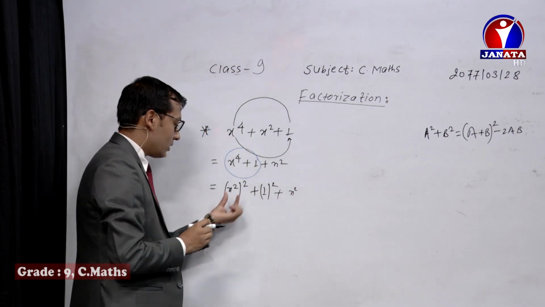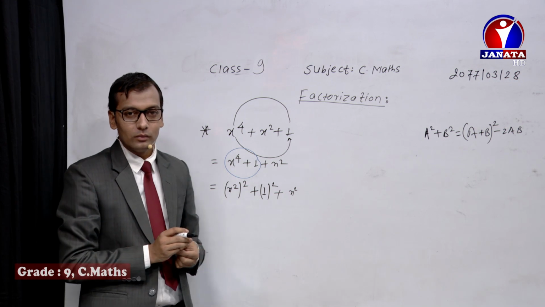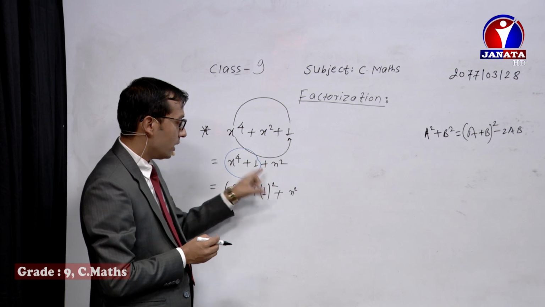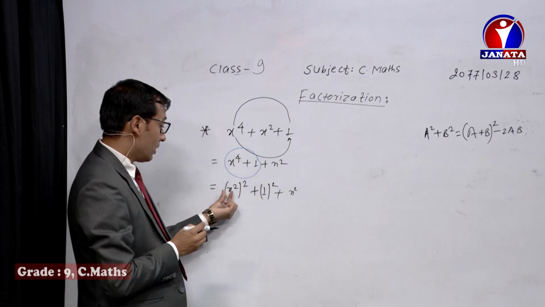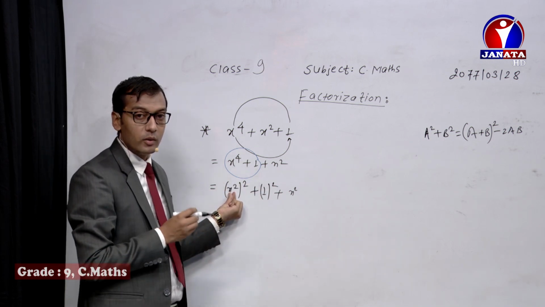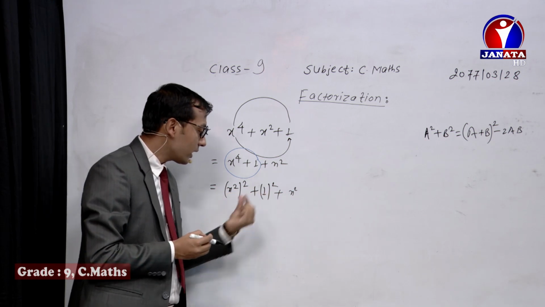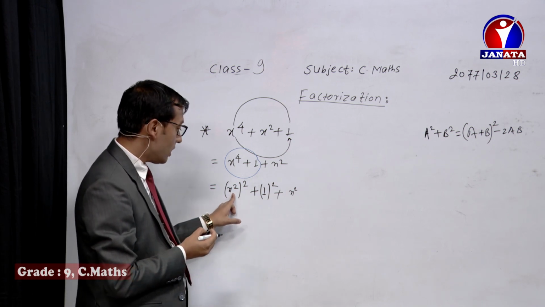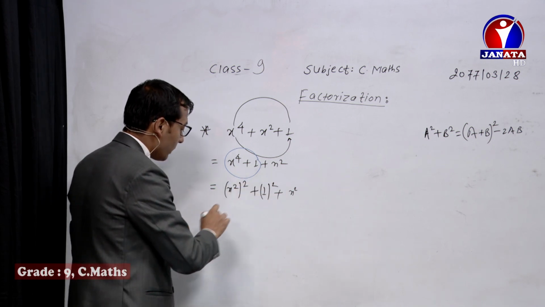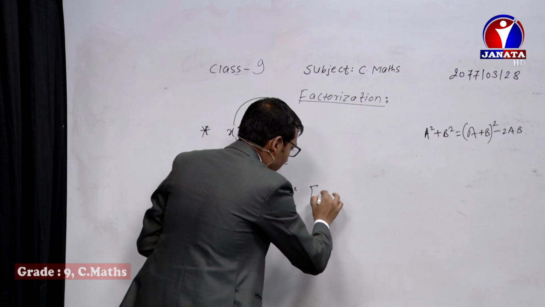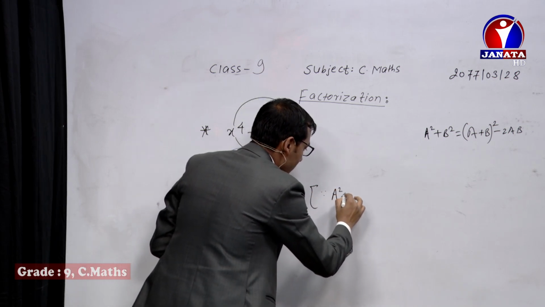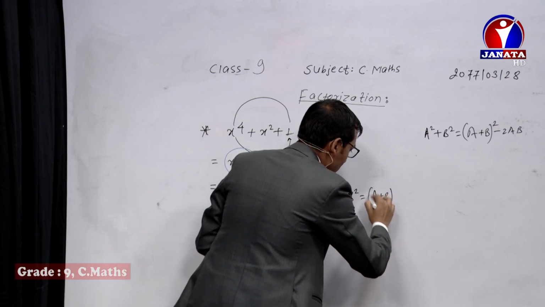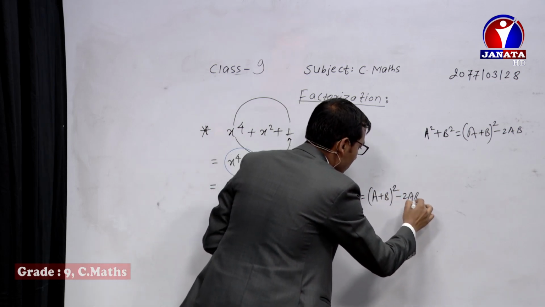Now if we look at the first and second term here, this is in the form of a square plus b square. What is a? x square. The first term in the bracket is a and the second term is b. We have the formula: a square plus b square is (a plus b) whole square minus twice of ab.